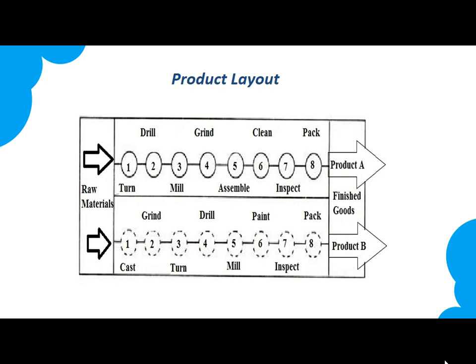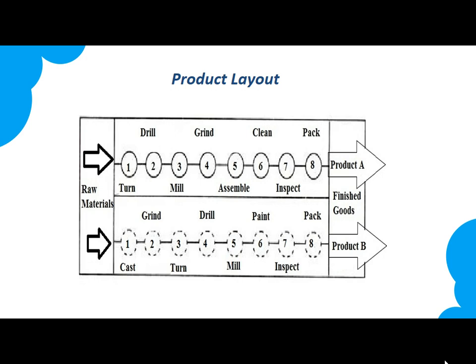Raw materials are input at the upper corner, and there are n number of machines. The raw material undergoes turn, drill, mill, grind, assemble, clean, inspect and pack machineries and departments. So there are 1, 2, 3, 4, 5, 6, 7, 8 different operations that are performed. So the product is flowing from 1 to 8. So raw materials are in process, in between the transformation is done, and product A is the output.